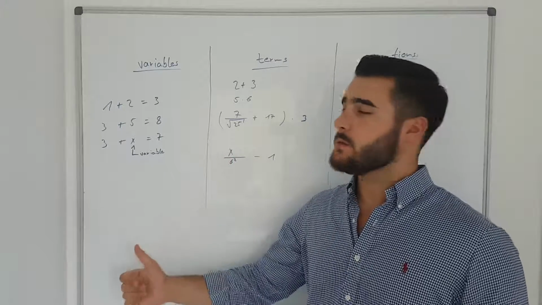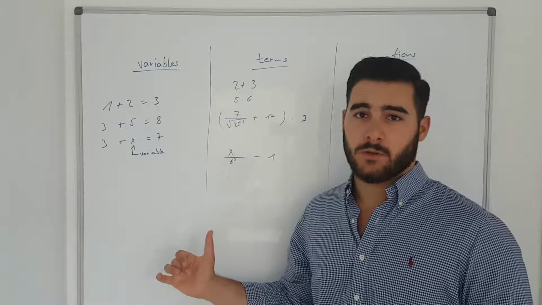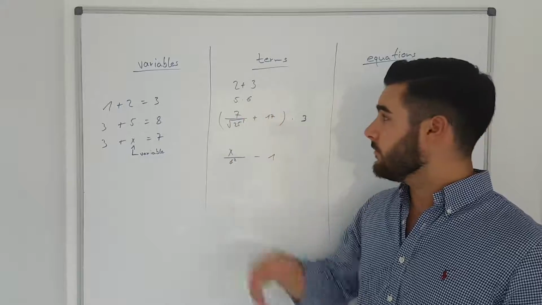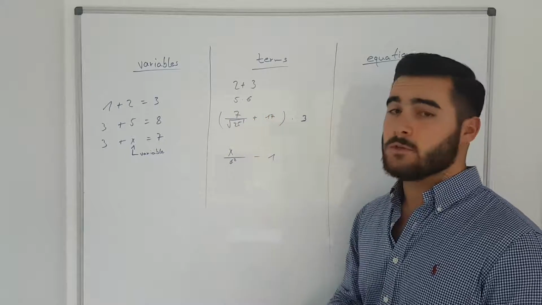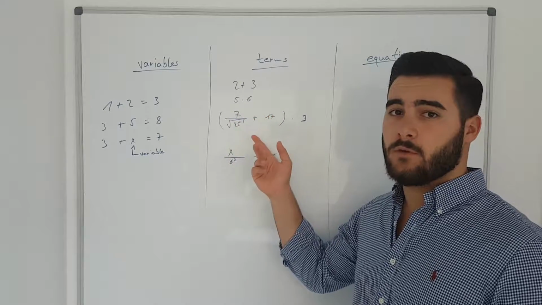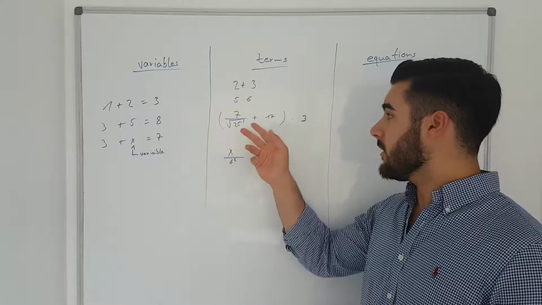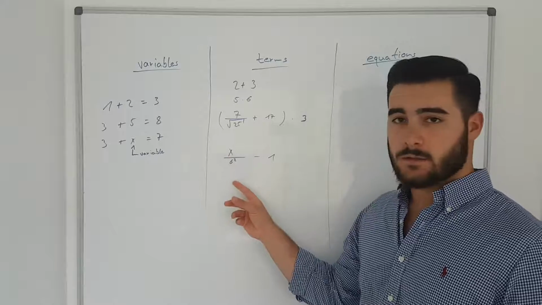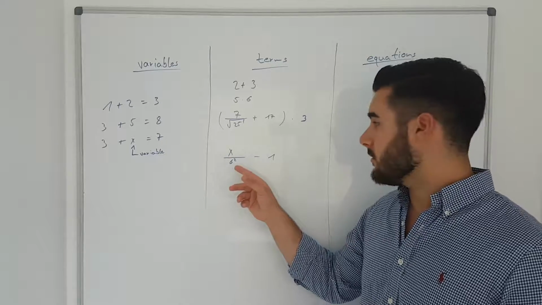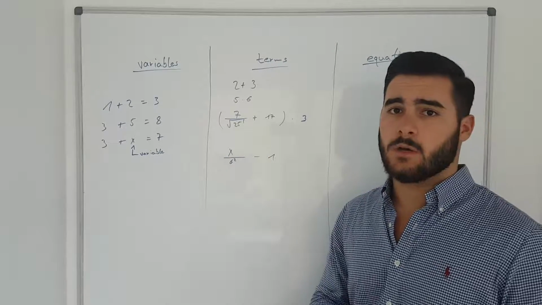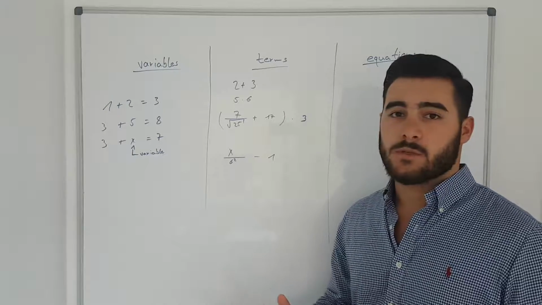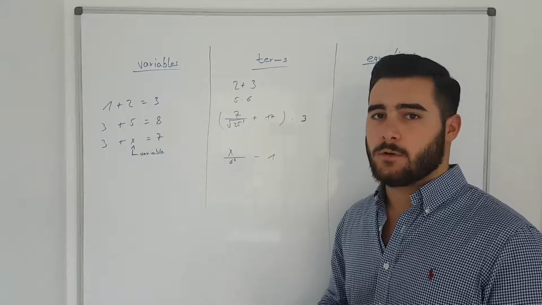Following on from this, the next concept I already touched upon is terms. 2 plus 3 is a term, 5 times 6 is a term, 7 over the square root of 25 plus 17 in brackets times 3 is a term as well. x over 6 squared minus 1 is also a term. What I want to say with that is that terms are mathematical operations.